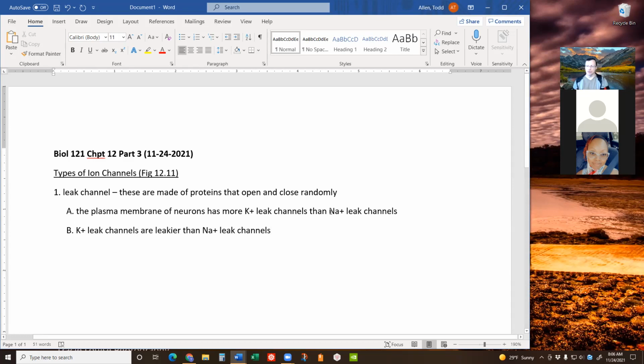So what I'm saying to you is that if you had a potassium ion leak channel and a sodium ion leak channel open for the same period of time, let's say 60 seconds, it might be the case that 1,000 potassium ions get through its leak channel, but only 250 sodium ions get through its leak channel. So the potassium ion leak channel is leakier than the equivalent sodium ion leak channel.